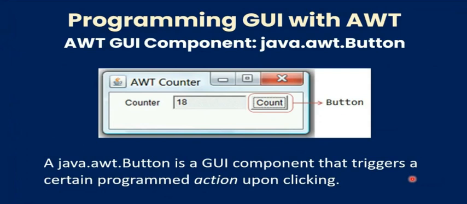When we program, we import java.awt.Button, then java.awt.Label, and the other components. This is a short description so you can understand it better once we apply it when we develop.